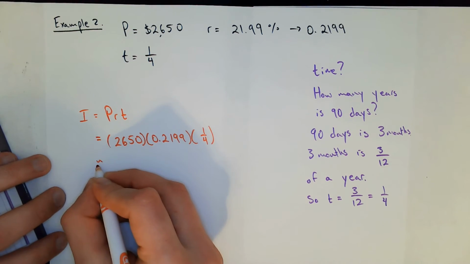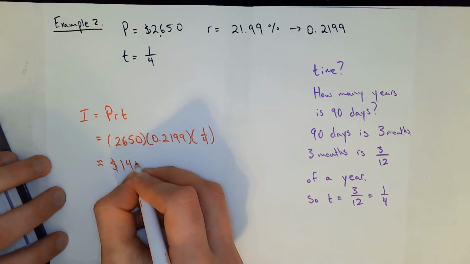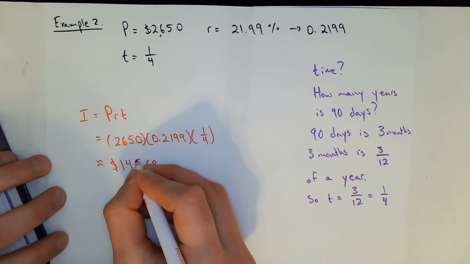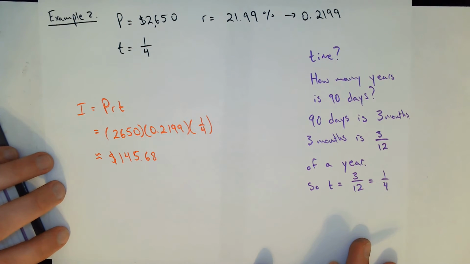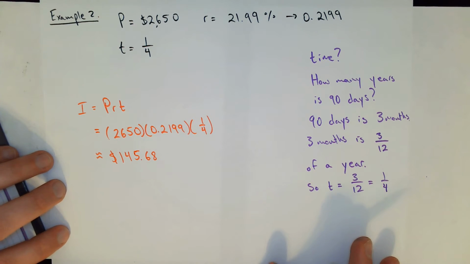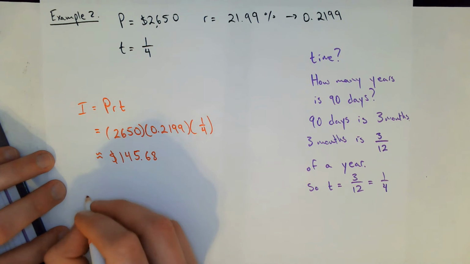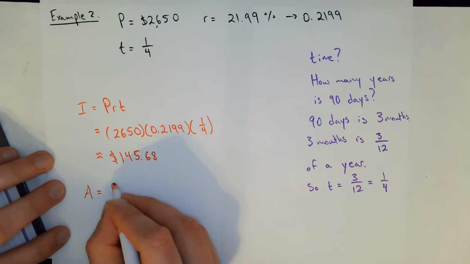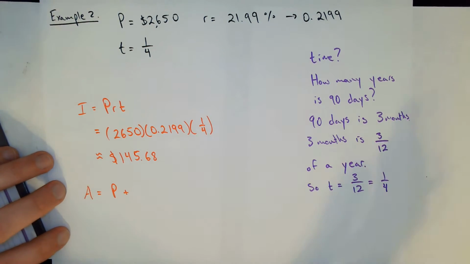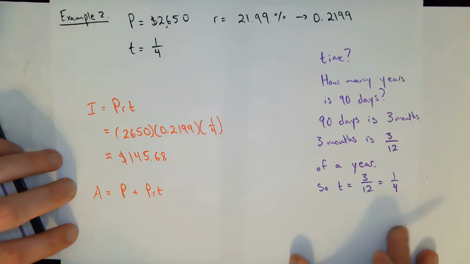This is giving me $145.68. So the total amount, A, is equal to the principal plus, or the price of the TV plus the interest.